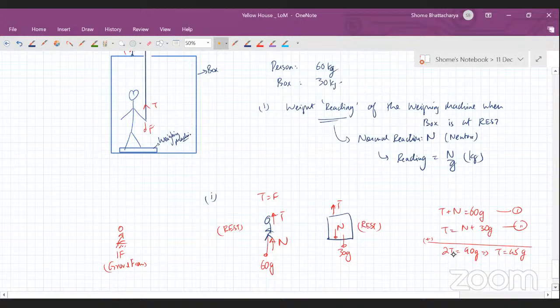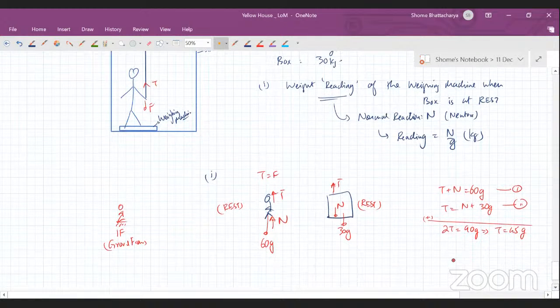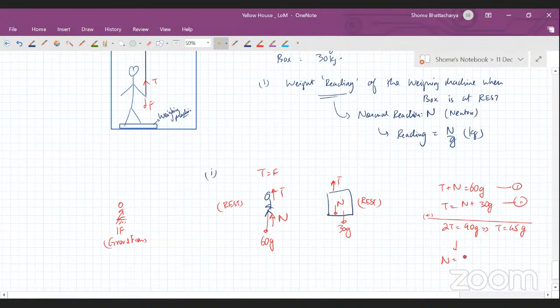Substitute that and you will get N equal to 45 minus 30, or 15 g. So the weighing machine will read 15 kg, because the normal contact force is 15 g.